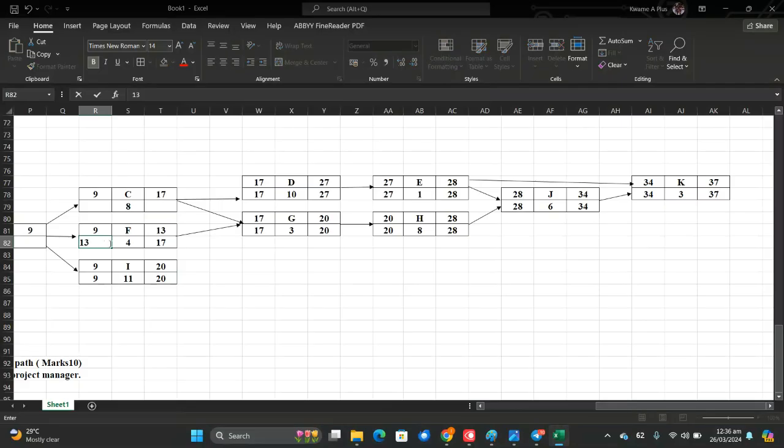Exactly. So that is where we know where the critical path is now. So this is 17. 17 minus 8 is 9. That is what makes us realize that the critical path is the top one. Even though the second one was 37, the top one will justify the critical path.